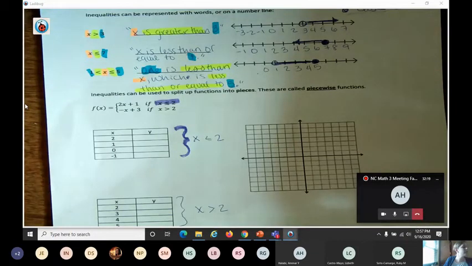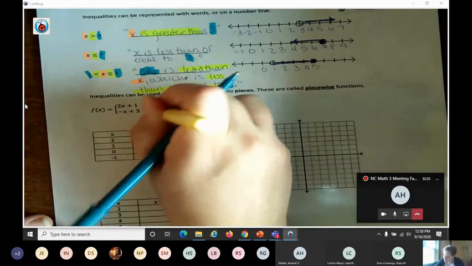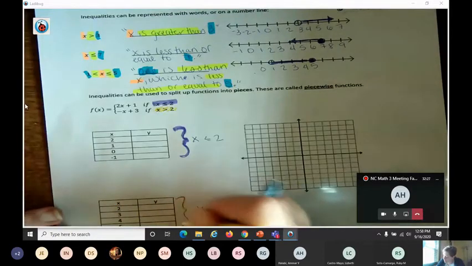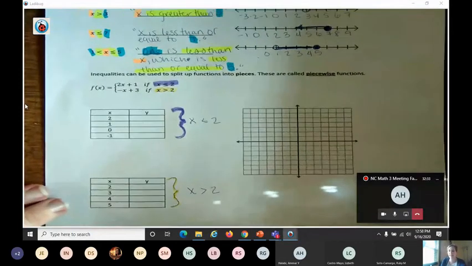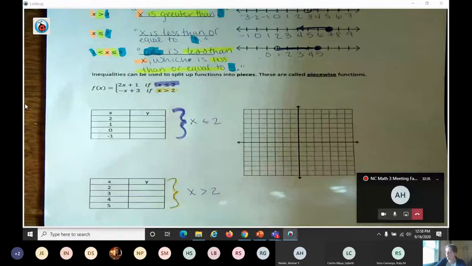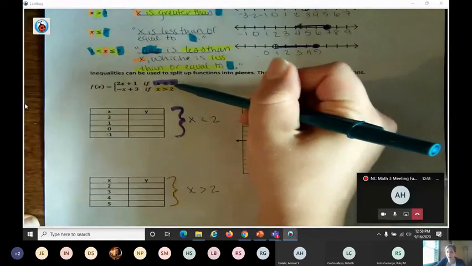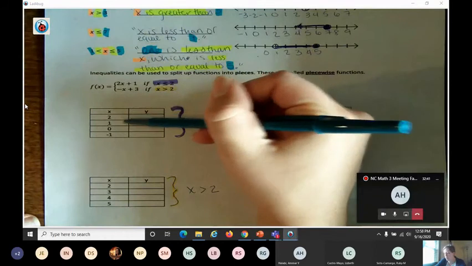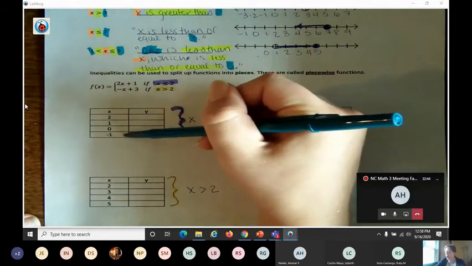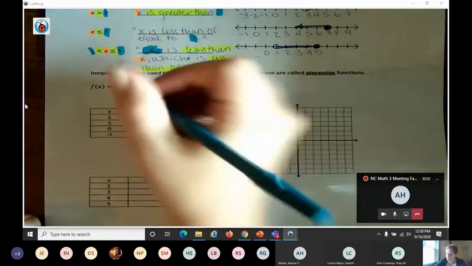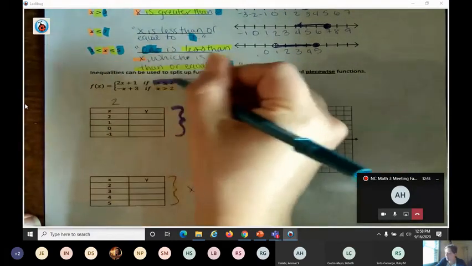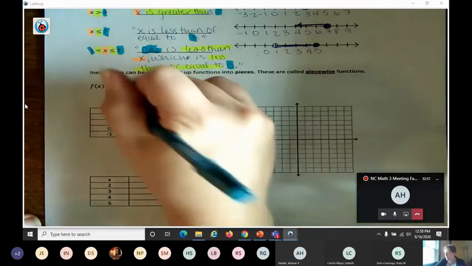Okay, so that's this guy and this table here. So now we need to fill in these tables. So we want values that are less than or equal to 2 in x. We have 2, we have 1, we have 0, we have -1. All of these values are smaller than or equal to 2. Now we want to sub these values into this function. So this function, the function that goes with this interval, is 2x plus 1.